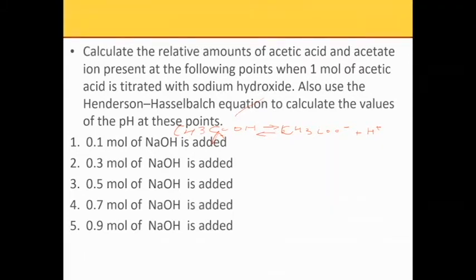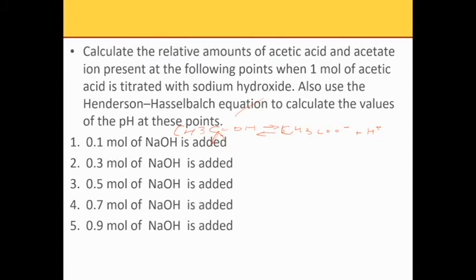All right, so that means that if you have 0.1 mole of sodium hydroxide, you need to go this direction to give 0.1, so that this 0.1 of the hydrogen can be used for the sodium hydroxide. So therefore, the pH, I will use the blue one, will be pKa plus log.